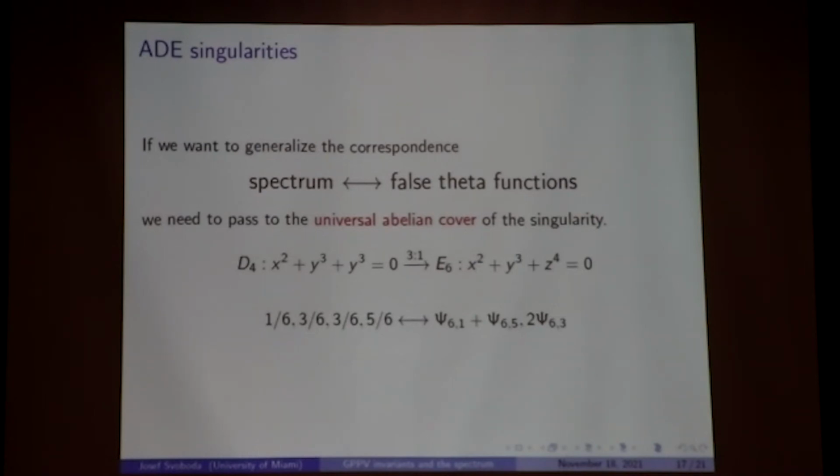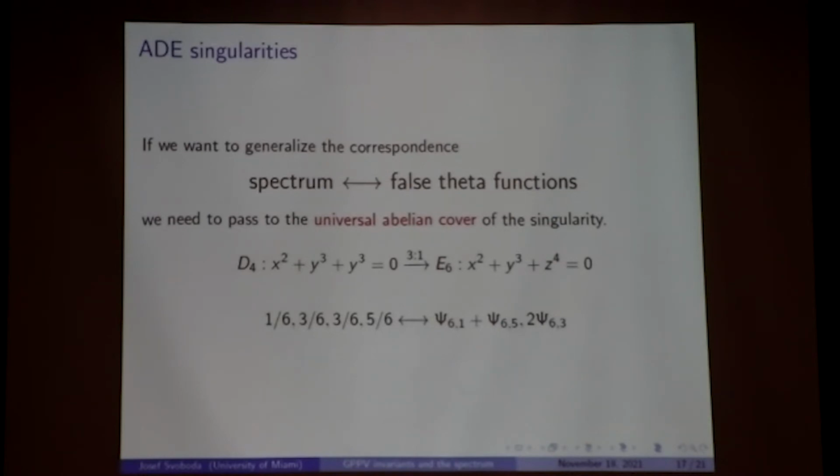So, for example, if you have E6, now the link is not a homology sphere, but it's a Q homology sphere. This means that there is some torsion in H1. And actually the torsion is just Z3, so three elements.